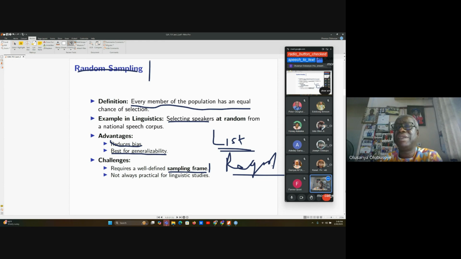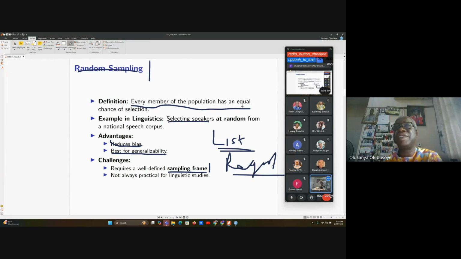So any register containing the list of students in this class is a sampling frame. Any list, if you go to school, you have a register which contains the list of students.